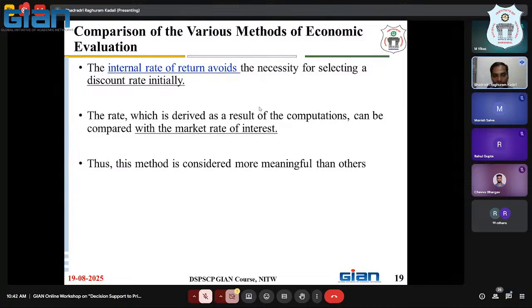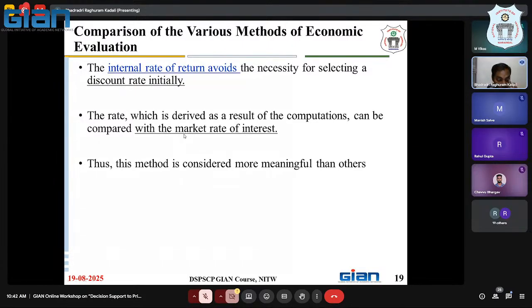So the internal rate of return method avoids the necessity of selecting the discount rate initially, but obviously the cumulative values will also correspond to the internal rate of return method. The rate derived as a result of the computations can be compared with the market rate of interest.